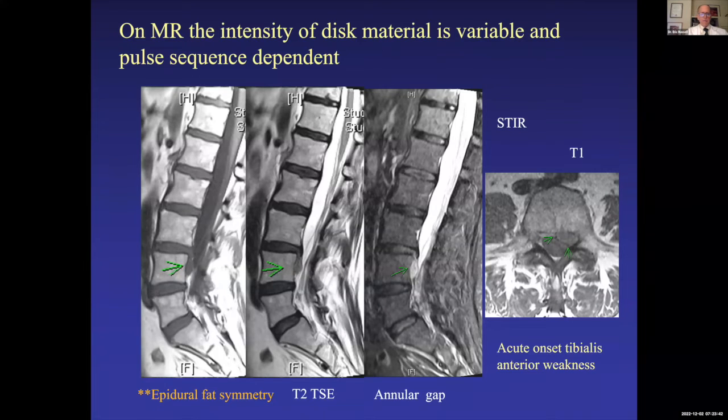Another thing that I find very helpful, apart from the signal changes that we'll discuss, is in the lumbar region on the T1 MR, fat is bright, and epidural fat tends to be prominent in the lumbosacral junction region, not so much higher up where you don't see much fat behind the vertebra. You see a little bit behind L3, see the bright T1 signal behind the vertebra, that's ventral epidural fat.